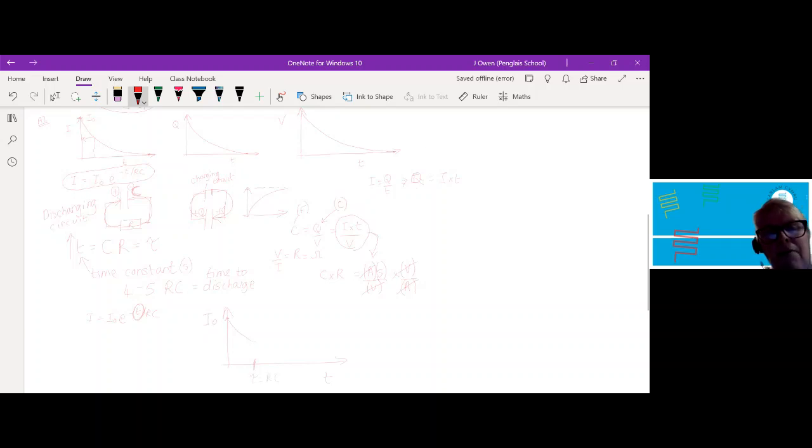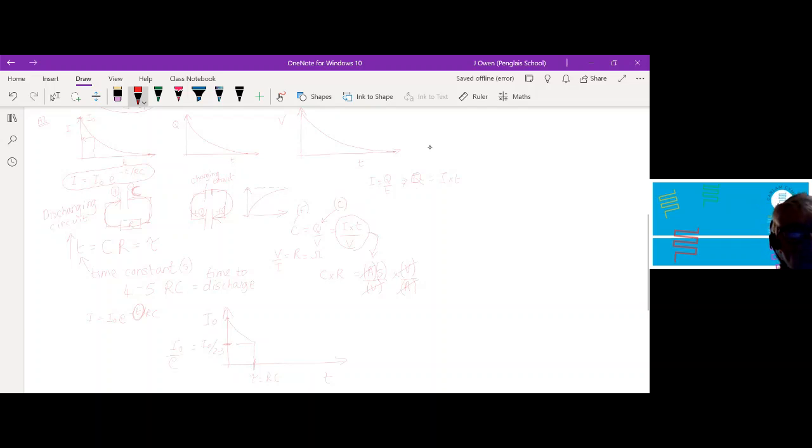drops by a factor of e, 2.3. So that coincides with one time constant. So that's I naught divided by 2.3, i.e. I naught divided by e.